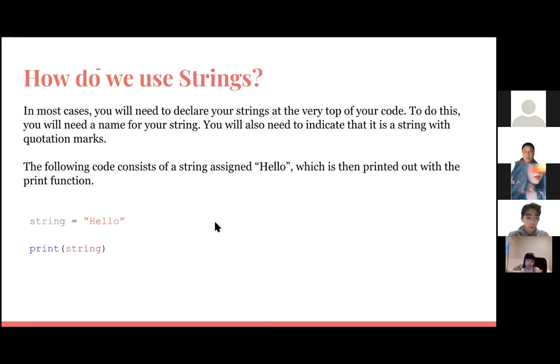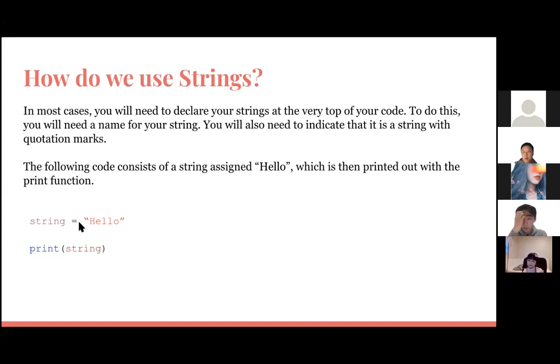Okay, so let's briefly talk about how we use strings. I think most of you should know this because you've watched enough of Austin and I coding to know the basics of how to use strings. So of course, to show that it's a string, you would need quotation marks. So you can have single or double.